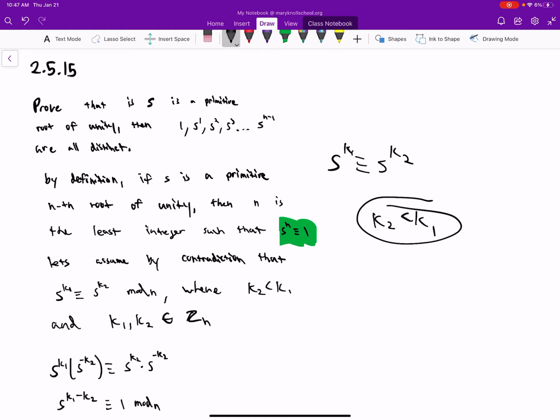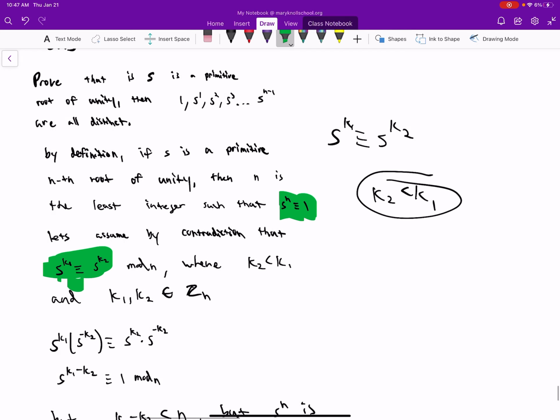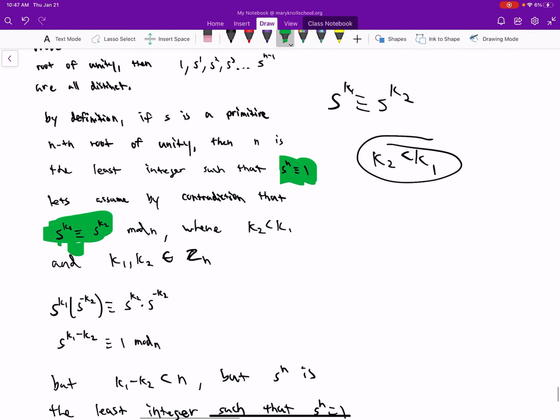Okay, so then what we're gonna do is we have this here, and then we're gonna go ahead and multiply by this. And then on this side, we're gonna get S to the K1 minus K2, and that's equivalent to 1.